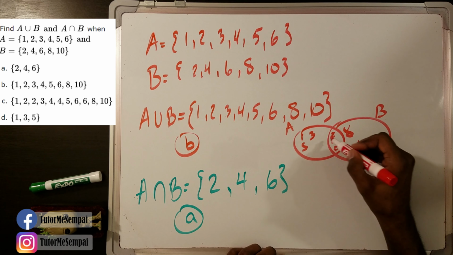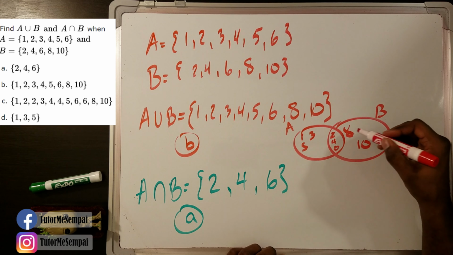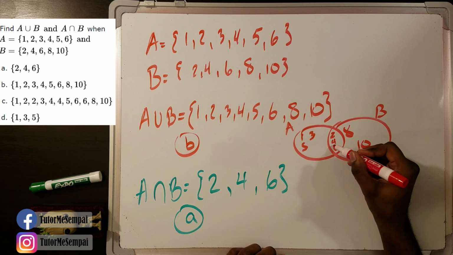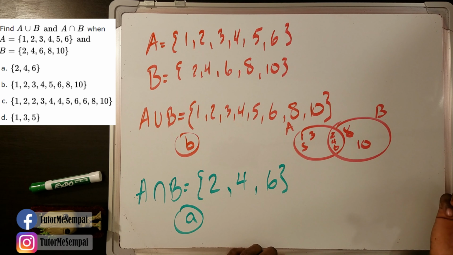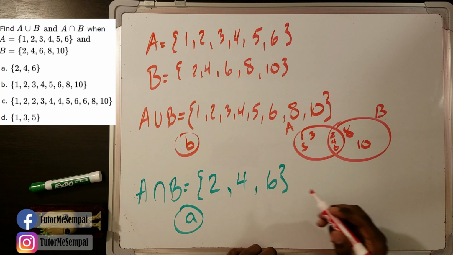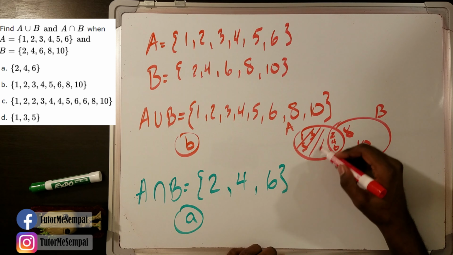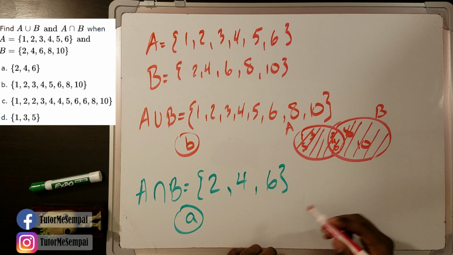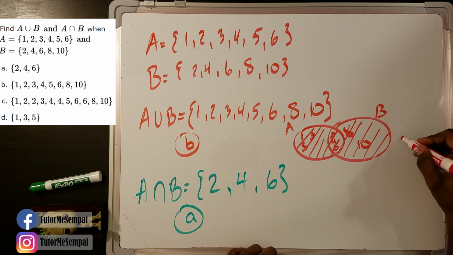And this is a 6. And if we were to highlight this to show what our A union B, we would just highlight everything. Because we want everything that's in both. The shaded region is going to be A union B.